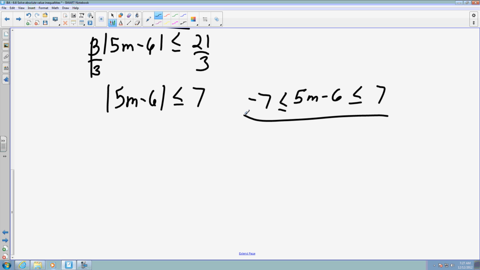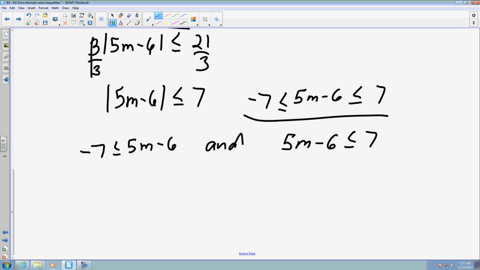I have negative 7 is less than or equal to 5m minus 6, and I have 5m minus 6 is less than or equal to 7. So now that I have my AND statement, I can solve for m.